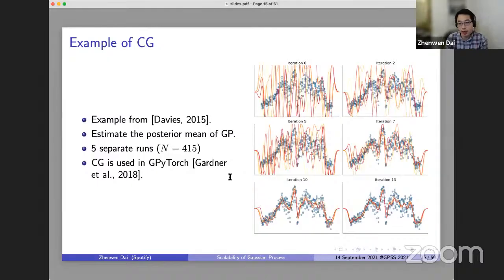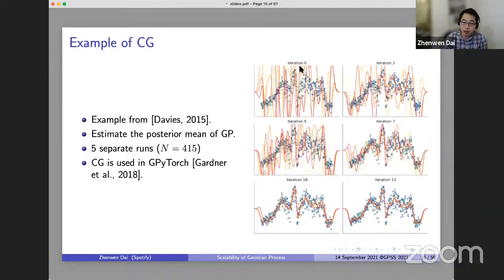On the right-hand side, he shows an example of solving with a conjugate gradient method over a small data set of 415 data points, indicated as blue circles. The different colored curves are 5 separate runs, and each figure shows the conjugate gradient solutions at a different number of iterations.